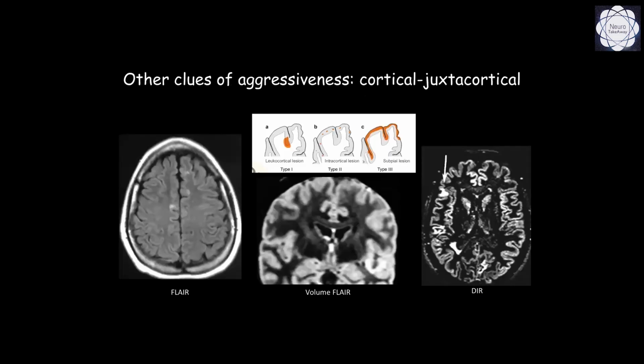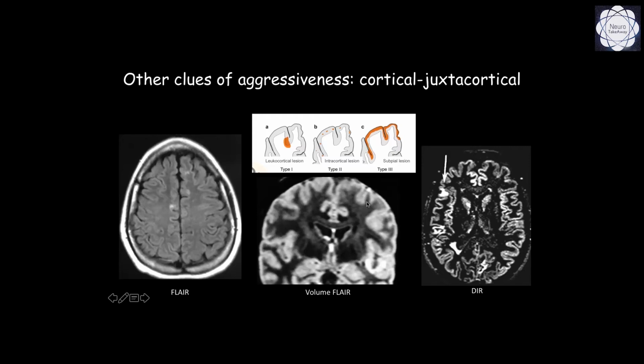Regarding cortical lesions, we now know that they are extremely important. We have sequences such as 3D FLAIR, or STIR, or DIR, sorry, which are very sensitive to detect these cortical lesions.